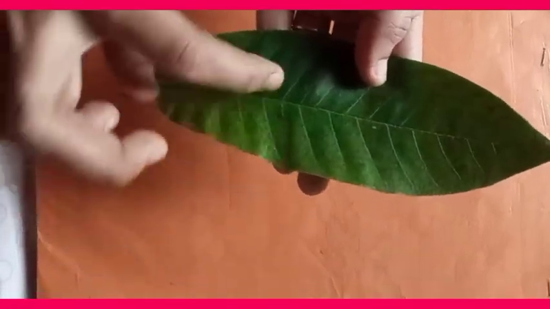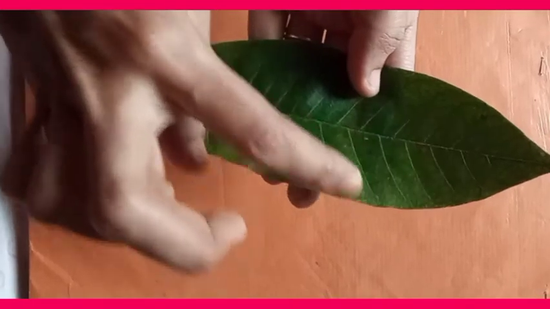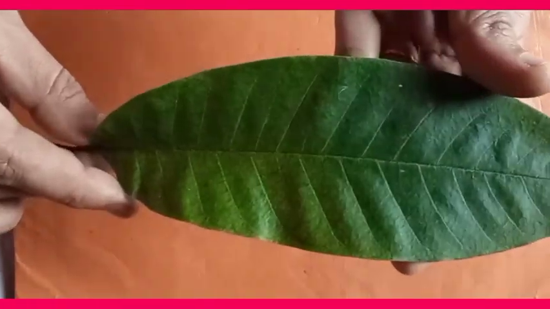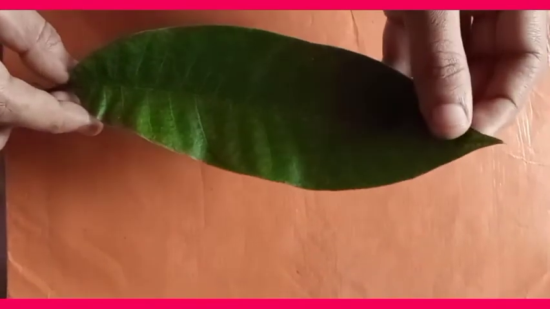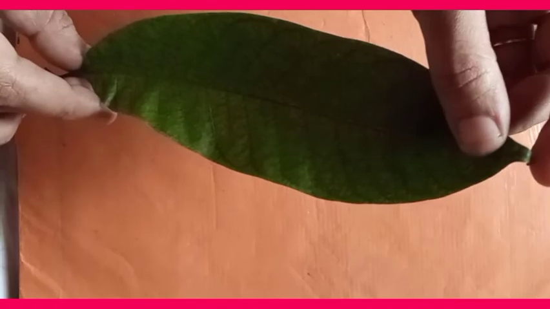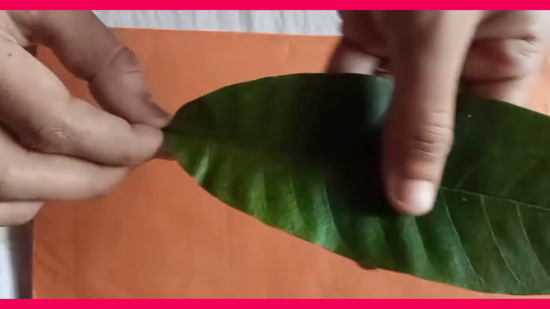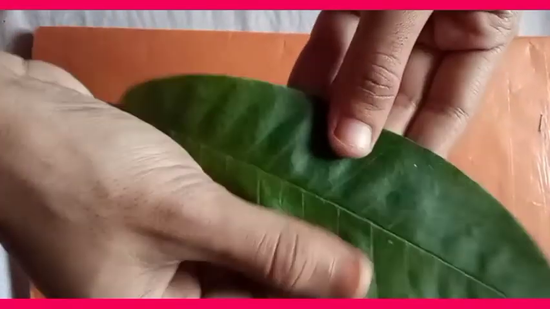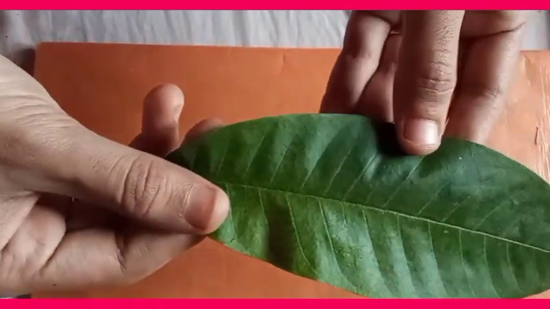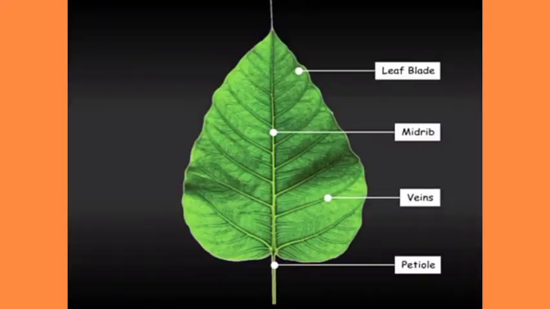These lines are known as veins. Then this edge is known as tip of the leaf. Then this whole green part of the leaf is known as lamina.